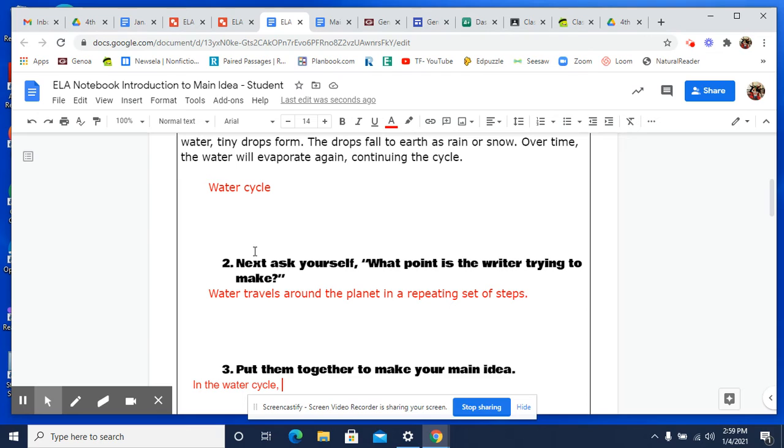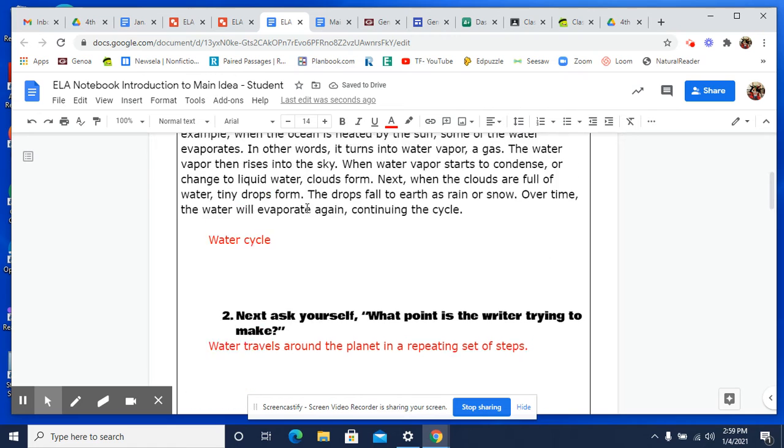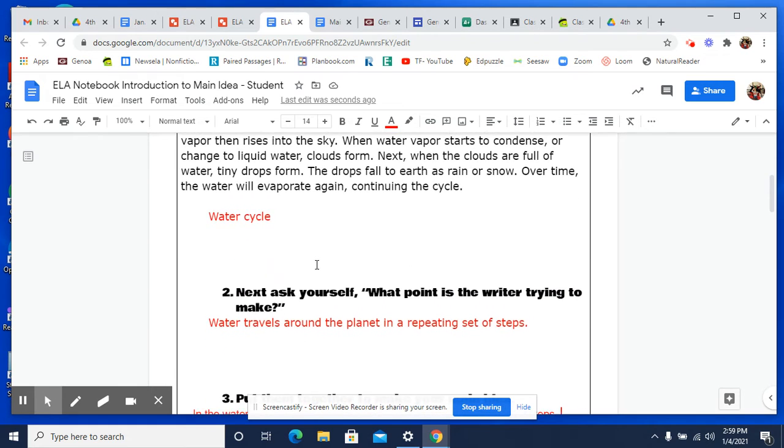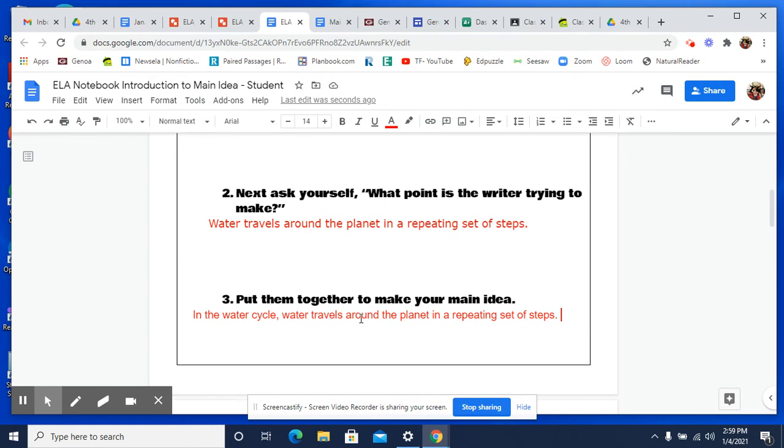In the water cycle, water travels around the planet in a repeating set of steps. Notice that my main idea is written in the paragraph. I just have to find it. And I found it. Okay? So that is our main idea.